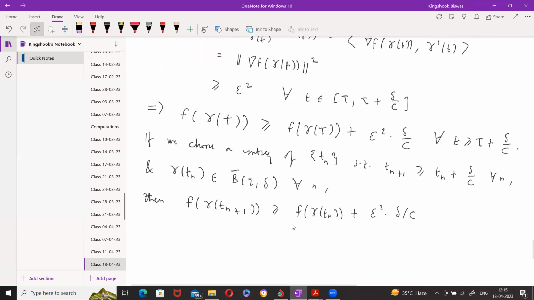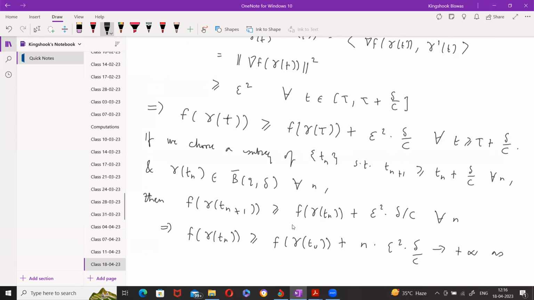right? And so you apply this n times, this is true for all n. So f of gamma Tn is greater than f of gamma T0 plus n times epsilon squared into delta by C, and this tends to plus infinity as n tends to infinity.